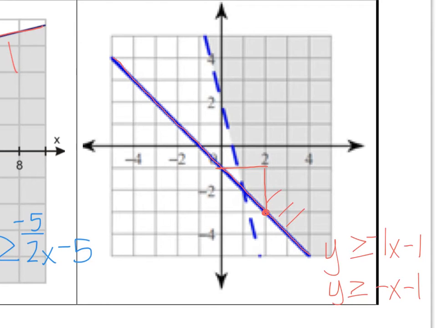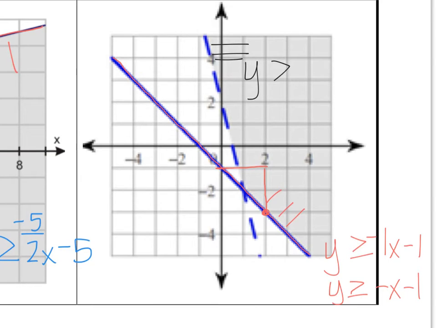My second boundary line is this dashed boundary line right here. So dashed tells me that I'm not going to have equal to in there. So it's y is greater than, because everything is shaded above the boundary line.